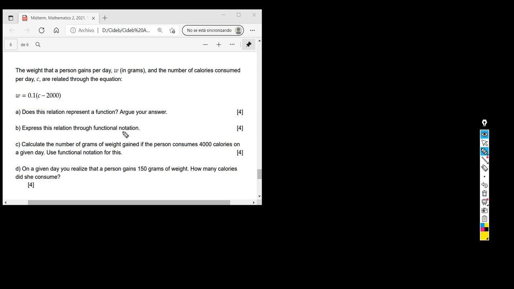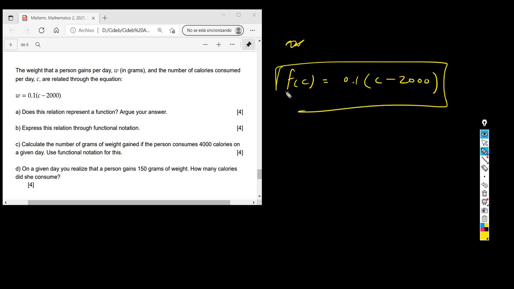Express this relation through functional notation. Well, you can do this: F of C equals 0.1 C minus 2000. Okay, this is the output, and this is my input.